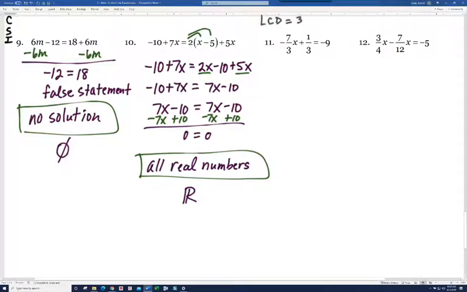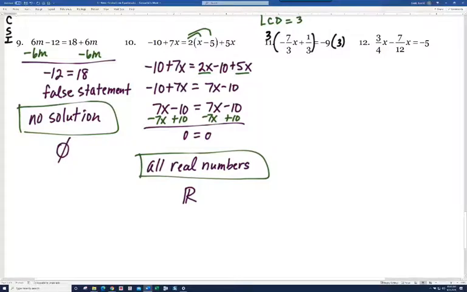So on number 11, there's only one denominator, so our LCD is going to be that denominator, 3. And so remember what we're going to do. We're going to multiply both sides of the equation by 3. Now, don't write this down, but I want you to watch. So I'm going to multiply the left side by 3, and I'm going to multiply the right side by 3.